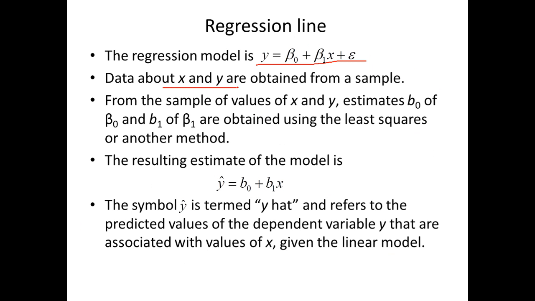You have the data of x and y already from the sample, right? So what you will do is try to plug in those values. Actually, these are our expected values, but based on the sample data.